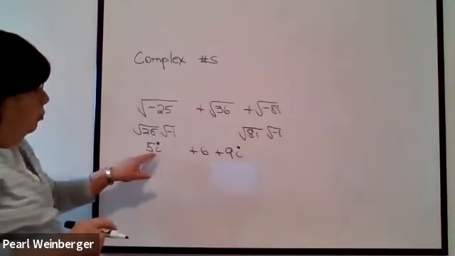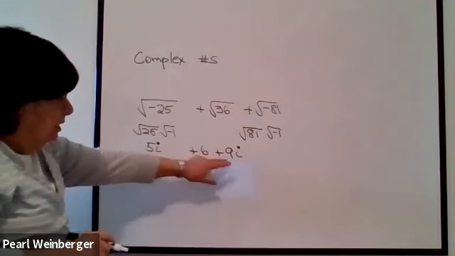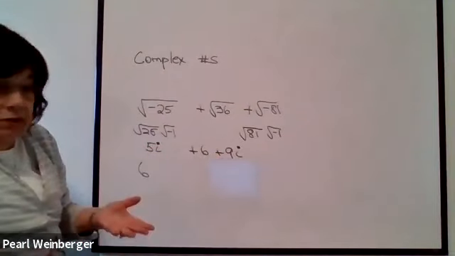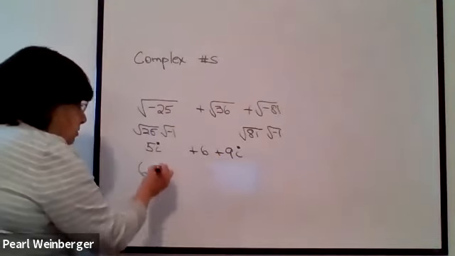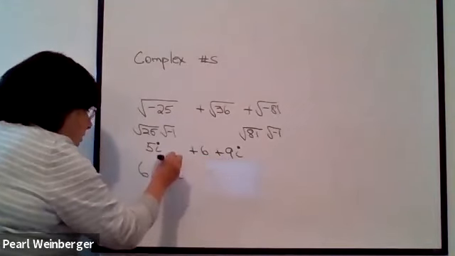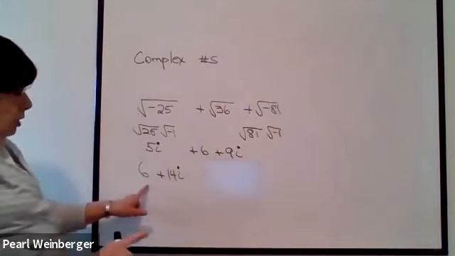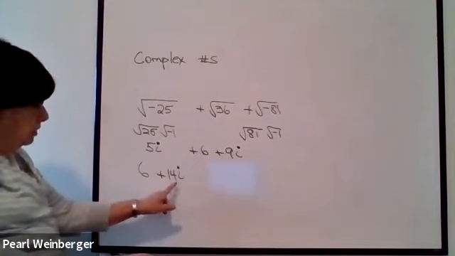And then we look for all the imaginary numbers, all the i numbers, and there's a 5i and a 9i. They're like terms, just like 5x and 9x. That gives us 14i. And I can't simplify this anymore. My final answer is 6 plus 14i.